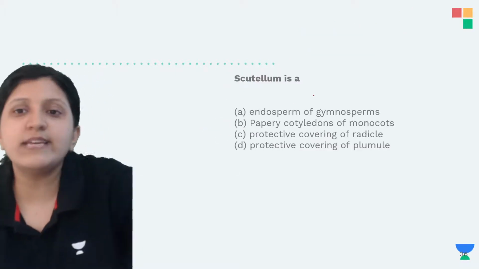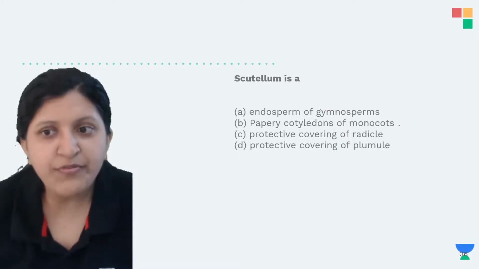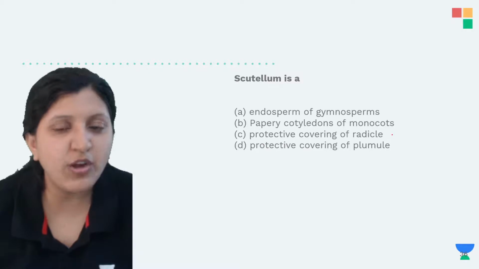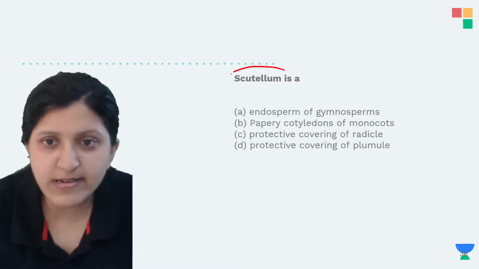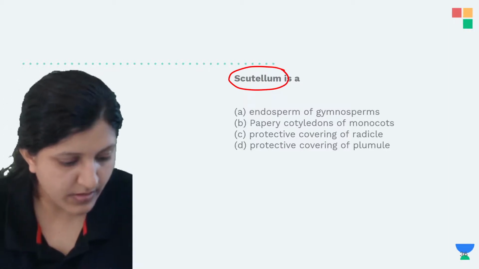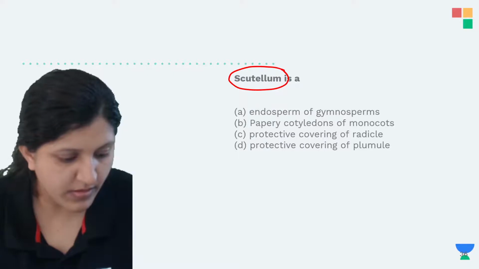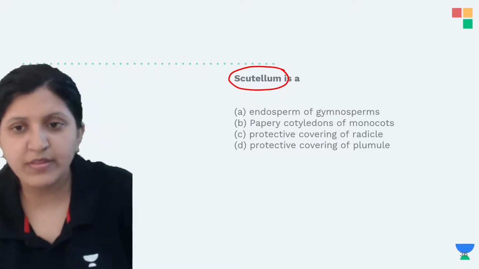So the scutellum is the endosperm, a papery cotyledon of a monocot, a protective covering of the radicle, or a protective covering of the plumule. So what is the scutellum? No idea?